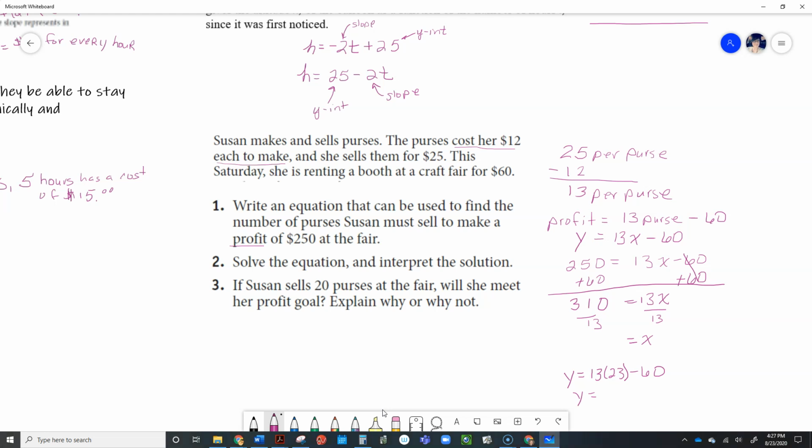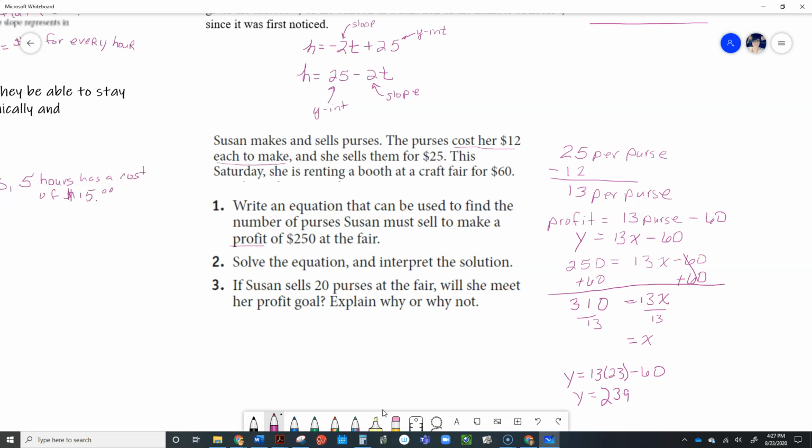That gives me $239. That did not get me 250. So 23 was not enough. So 23.8 means that 23 is not going to be enough. I'm going to have to make that 24th. So I'm going to have to solve the equation and interpret the solution.